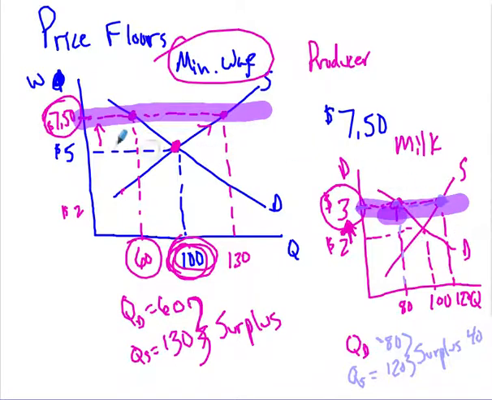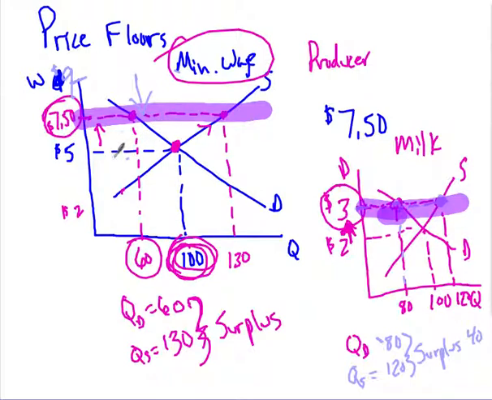What if the equilibrium wage rate was actually up here, and people were getting $9 an hour? If the government said you can't pay anybody less than $7.50, is that going to have any impact if the wage rate is already $9? The answer is no. It'll only have an impact if the wage rate tries to get below $7.50.